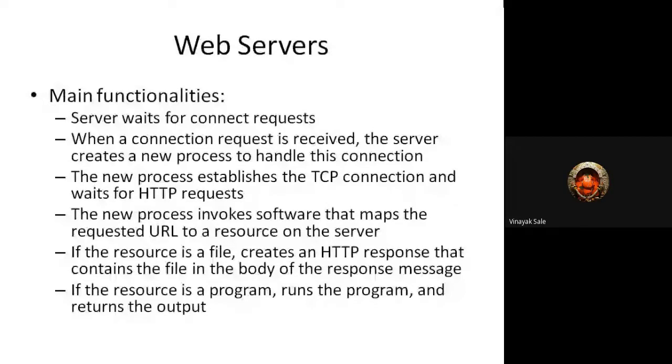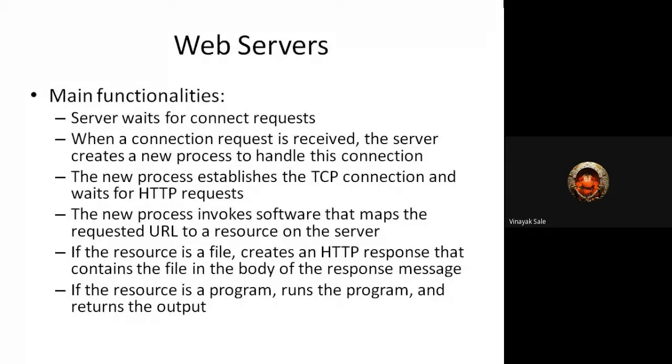So the server waits for a connection request. When a connection request is received, the server creates a new process to handle this connection. The new process establishes the TCP connection and waits for an HTTP request. The new process invokes software that maps the requested URL to a resource on the server.